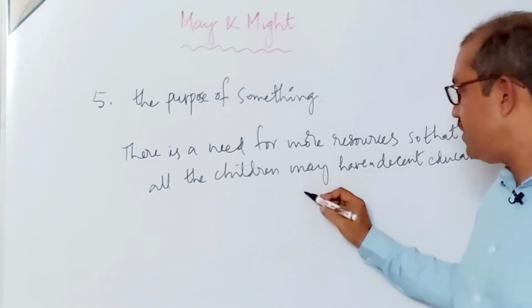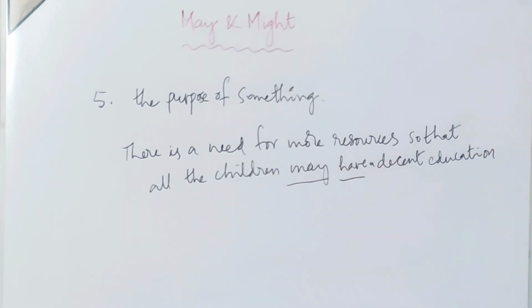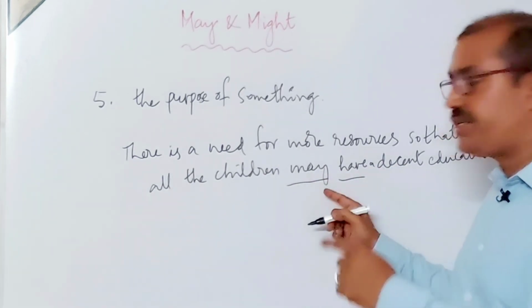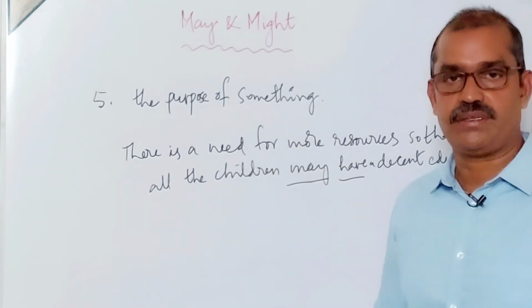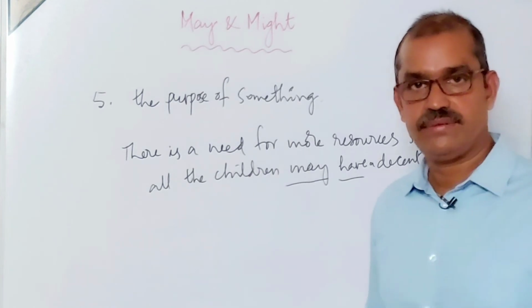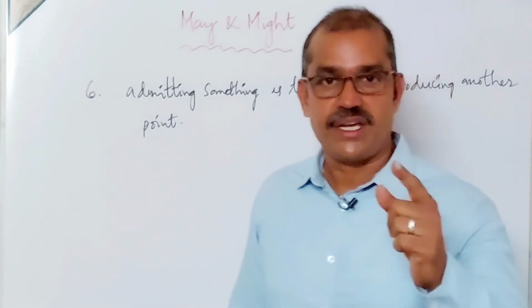Look at this. Here we have used may plus V1. So it shows the purpose. What is the purpose here? Decent education for the children, right? Friends, this is the last occasion.